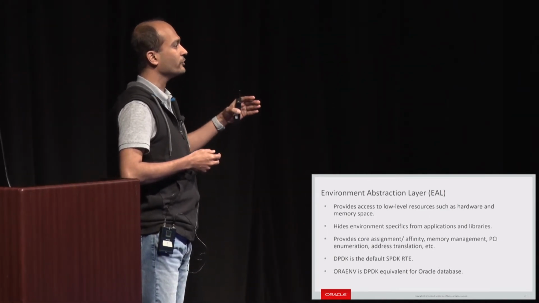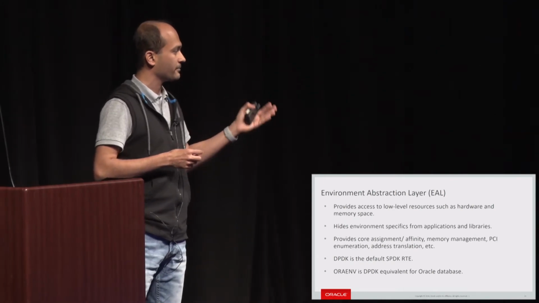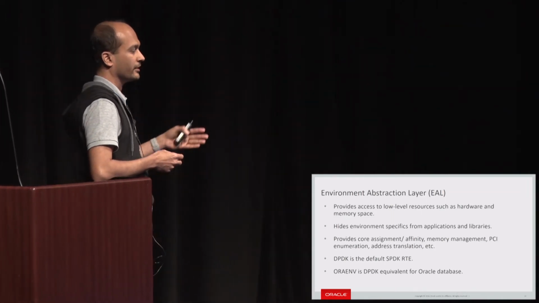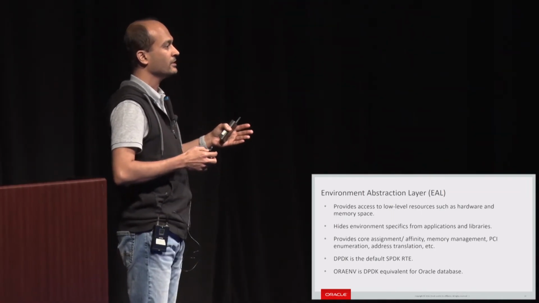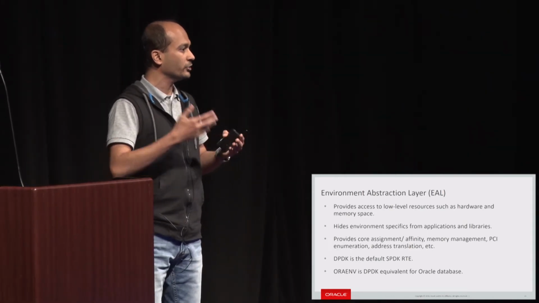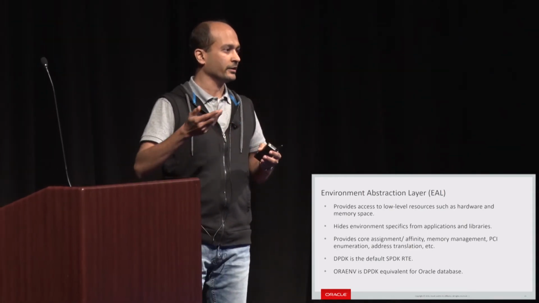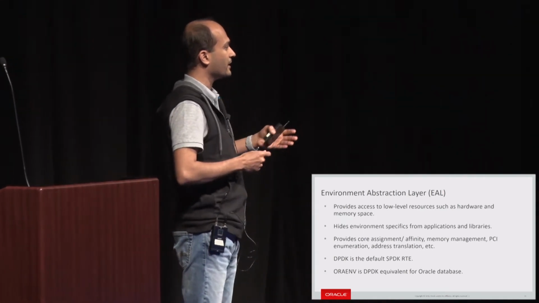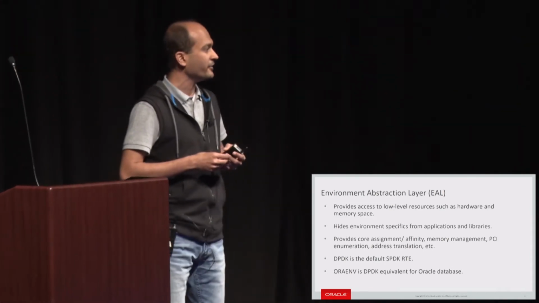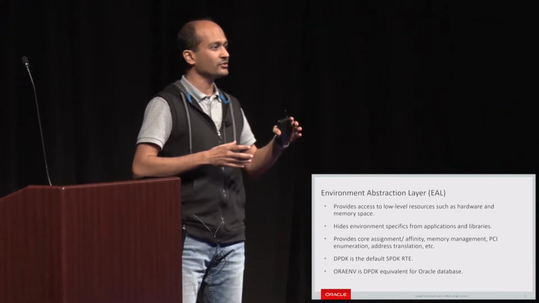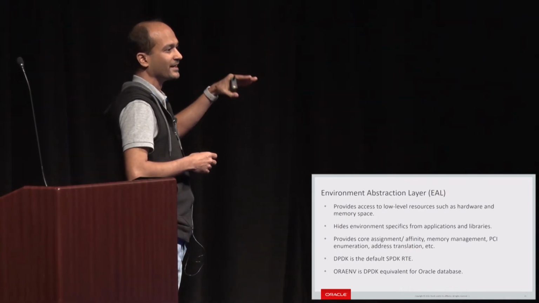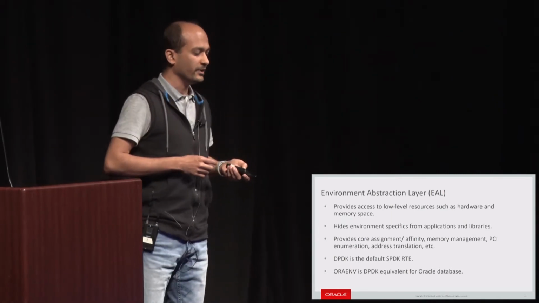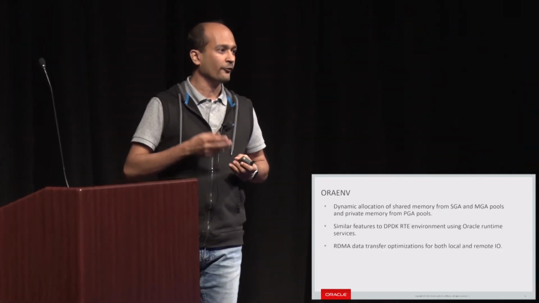It abstracts out some of the hardware specifics, like accessing PCI devices, how the memory management works underneath, huge pages, and address translation, and all of this functionality would need to be replicated in our ENV implementation as well. The other thing that it does is core management and affinity handling and so on. That was the minimum requirement of what we had to build in ORAENV, which is our equivalent for it.